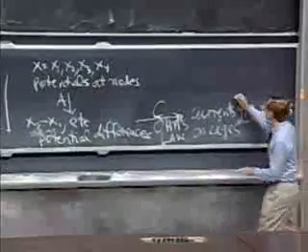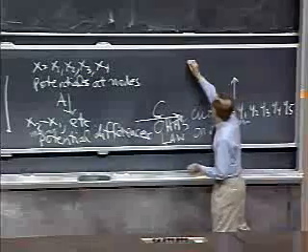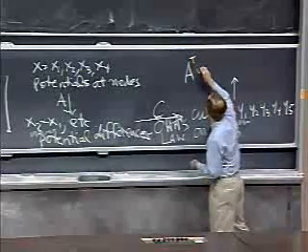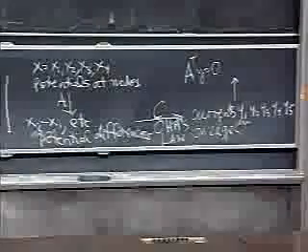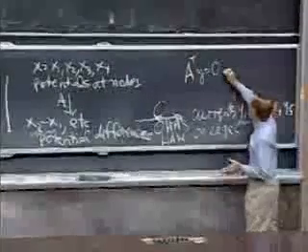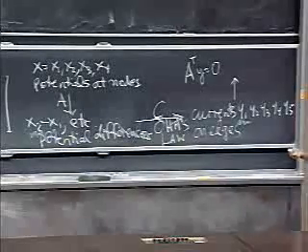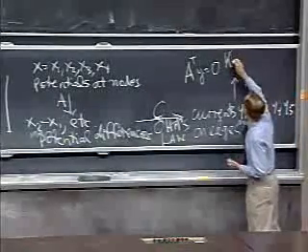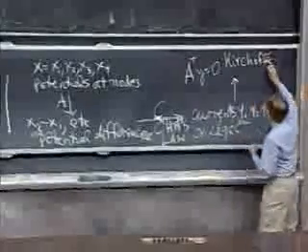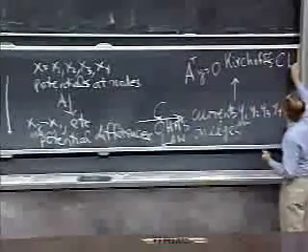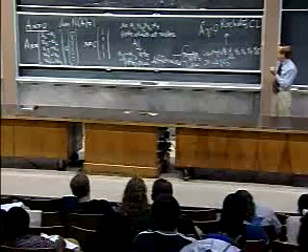Okay, and then the final step of this framework is the equation A transpose Y equals 0. What does that say? It has a famous name. It's Kirchhoff's current law, KCL. Kirchhoff's current law, A transpose Y equals 0.